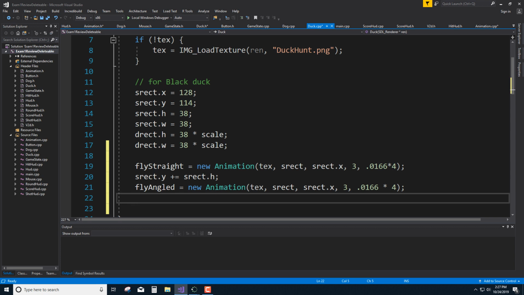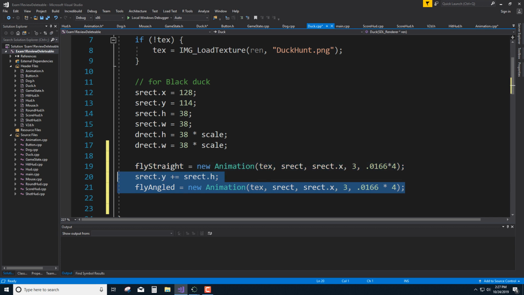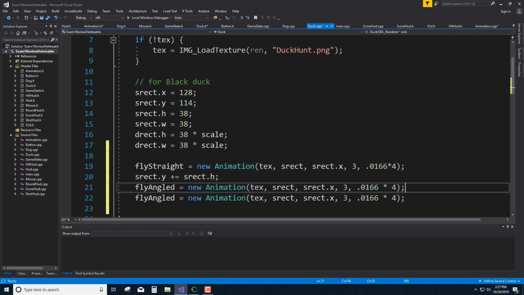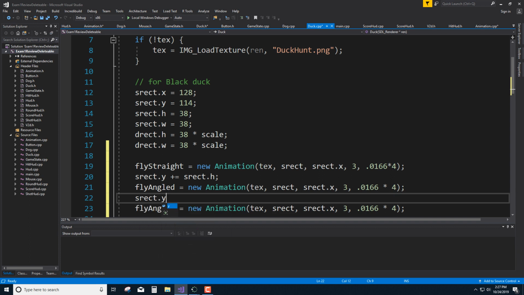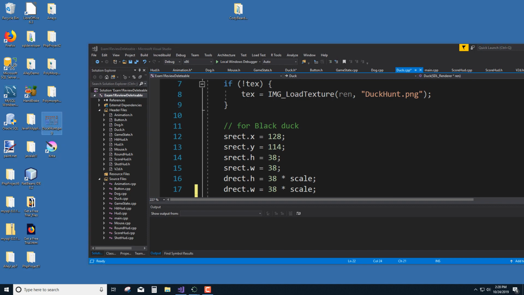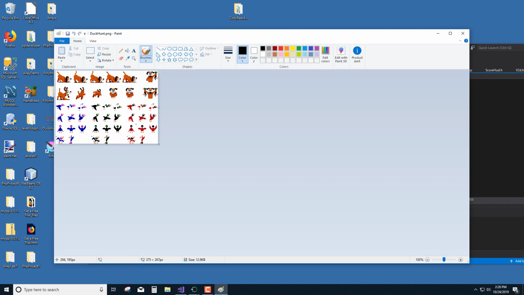And we'll leave all that the same, and then we'll add our last one in there. And we'll adjust the S-rect again. So that drops us down to the third, right here.